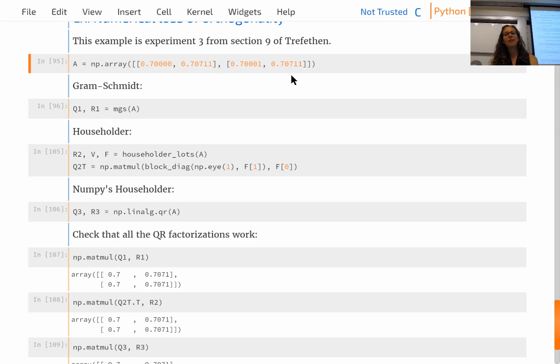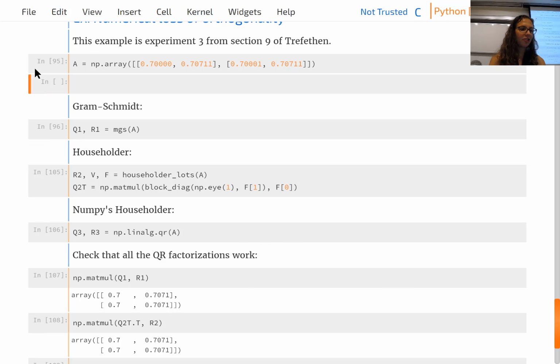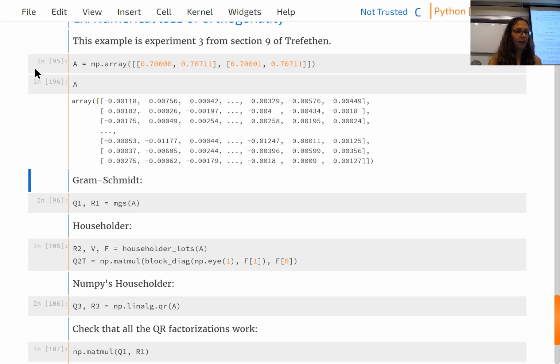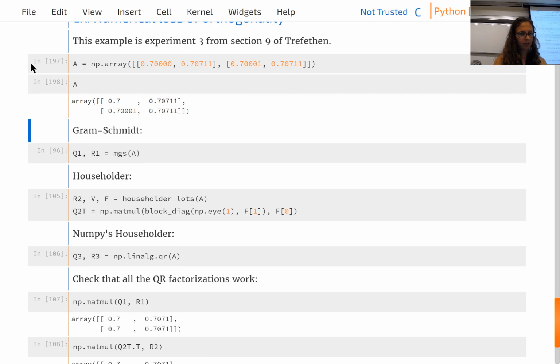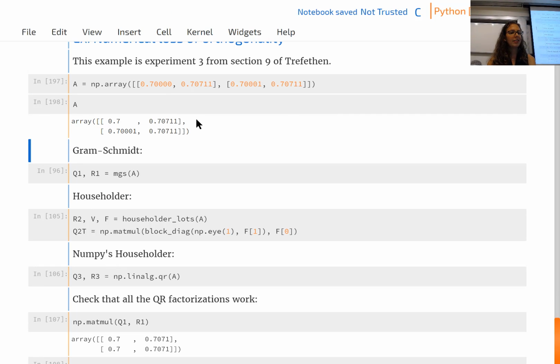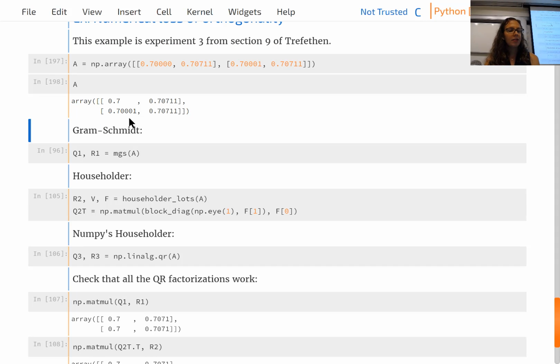You can probably, just from looking at this matrix, already guess where this may be going. This matrix is close to not having full rank because the second row is almost a repeat of the first row. There's just a difference of 10 to the negative fifth between them.